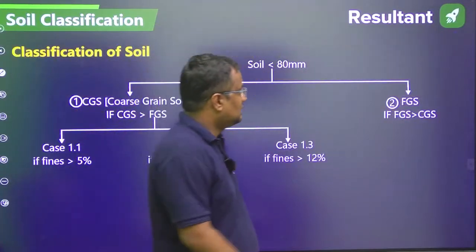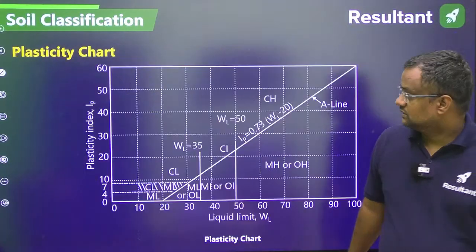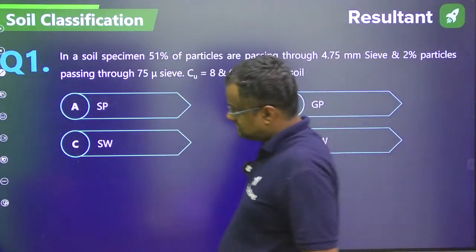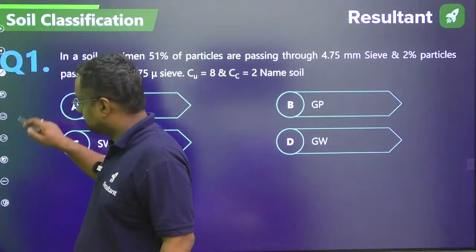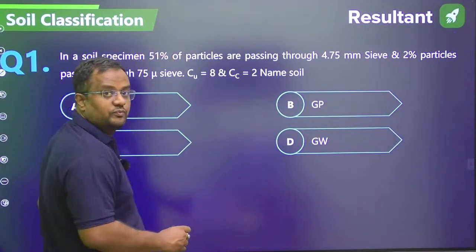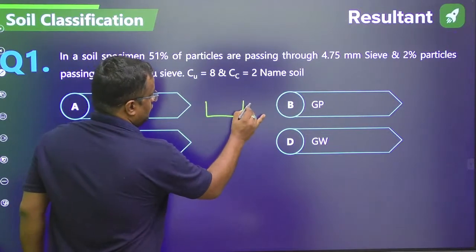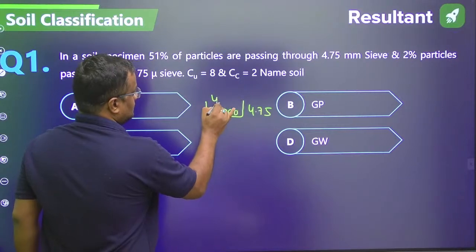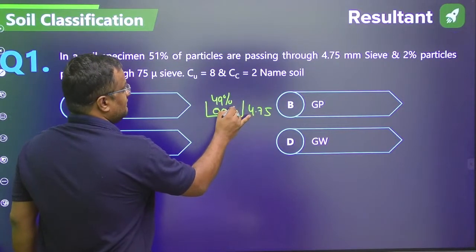And, guys, let me take a beautiful question. Guys, solve this. Here, 51% particles are passing through 4.75. So that means bigger than 4.75 mm particles are 49%, and bigger than 4.75 mm is gravel.